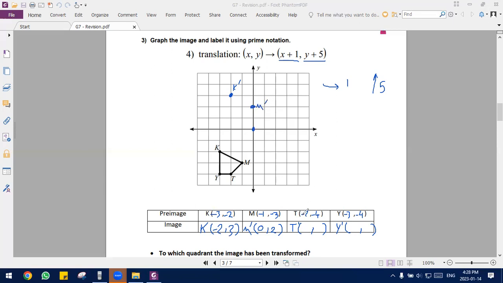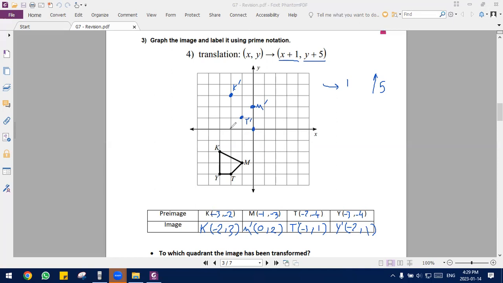Now t is -2. I add 1, it will be -1. Then I have the y value is -4. We add 5, so -4 plus 5 is 1. Now t is -1, 1. It's here. This is t prime. The last point, y, -3 plus 1 is -2, -4 plus 5 is 1.